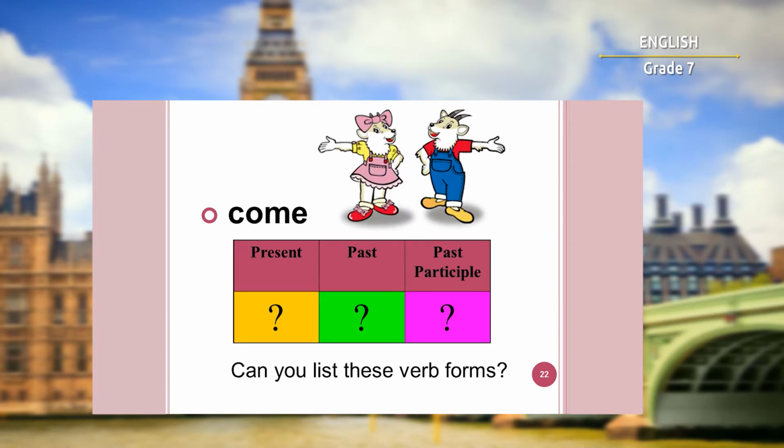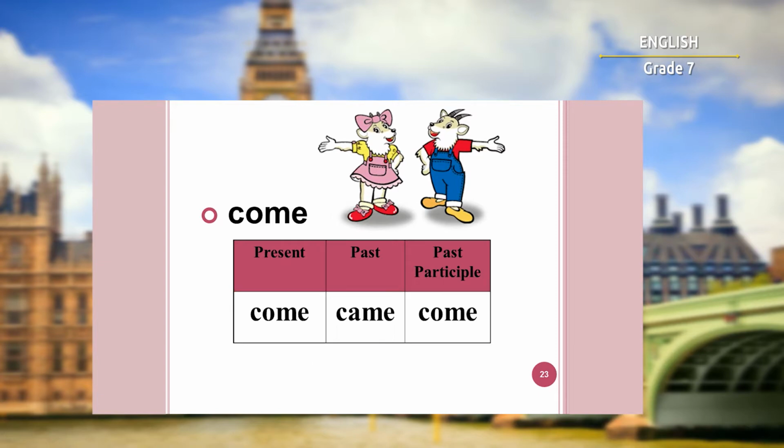The next verb is come. Can you list these verb forms? Good job. The answer is come, came, come.